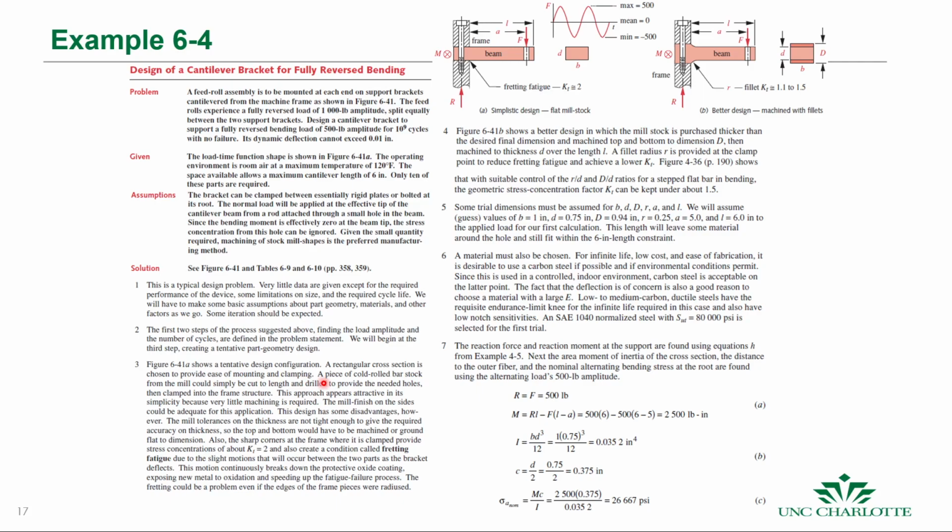A piece of cold rolled bar stock from the mill would be cut to length, drilled for the holes, and then machined to give us the outer surfaces. So then we know what that surface finish is likely going to be.